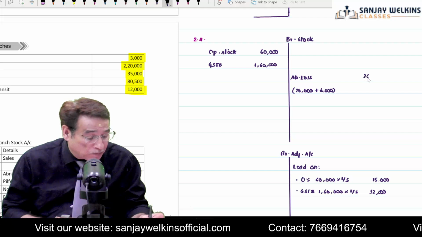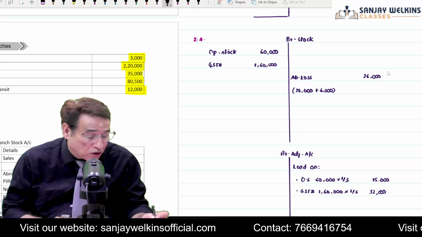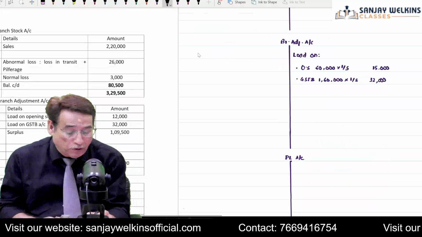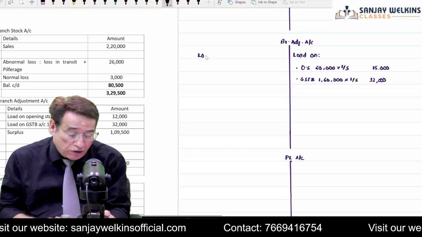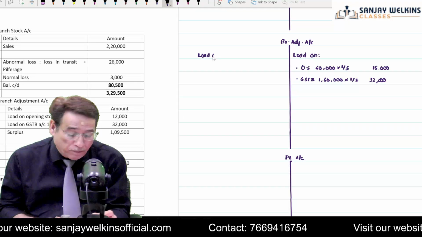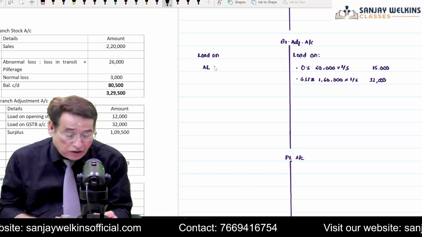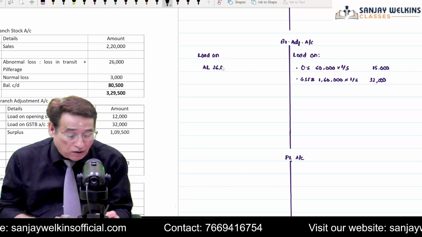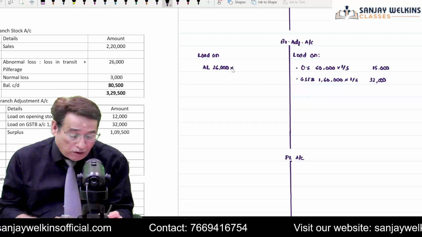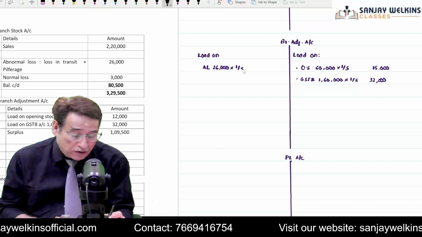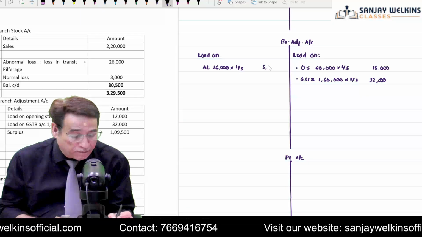And then, because it is abnormal loss, we need to actually find out the loaded portion also. So on the opposite side, we shall write here load on abnormal loss. Now abnormal loss is 26,000 and loading will be equal to 1 by 5, that is equal to 5,200.